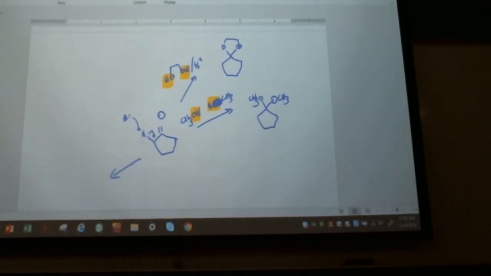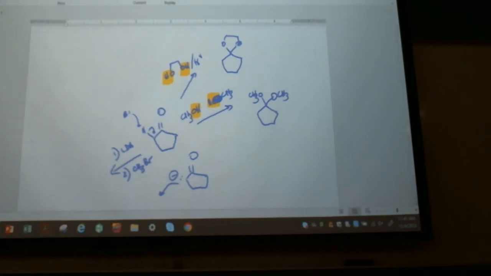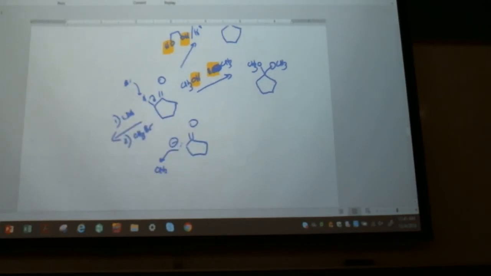Very strong base meaning we're going to form 100% of this anion, which then can attack a variety of things. In this case, it's an SN2 reaction on an alkyl halide, and we just end up adding another group.